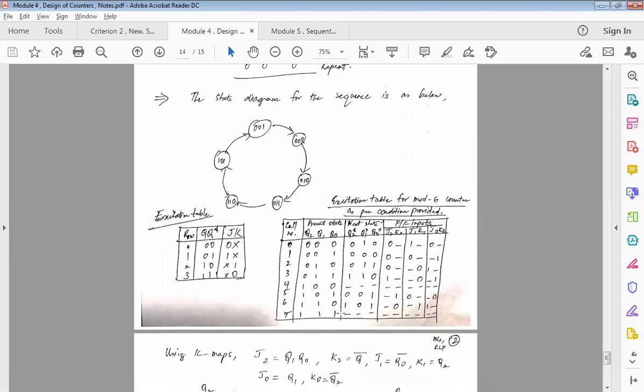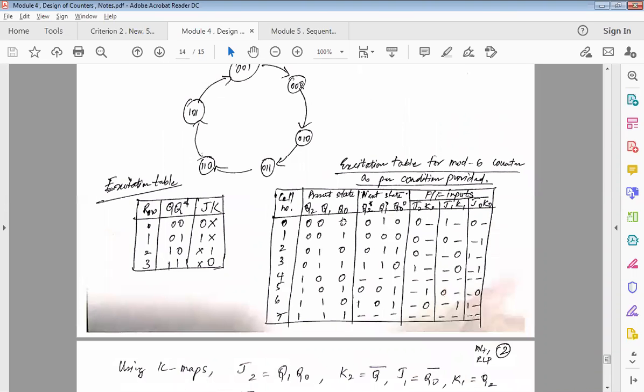Now here don't get confused. This is my present state, and from this diagram I should be able to construct my next state. How will I construct my next state? For example, I will see from 000 it's going to 010. Now you should not write here from 0 it's going to 1. No, you should write what is mentioned in your state diagram. Of course, from your normal logical point of view, after 0 it's going to come to 1.